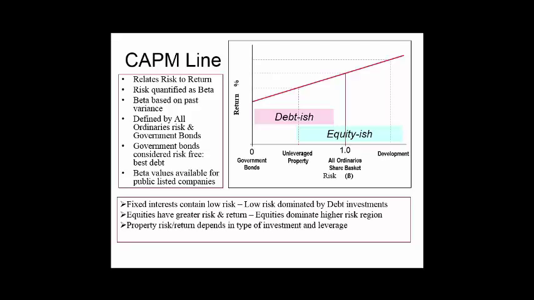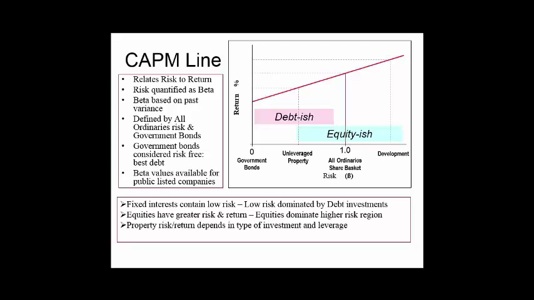Fortunately, beta values are available for all public listed companies, and especially since it is considered that the beta values are similar for organisations involved in similar types of business, you can estimate or get a value of beta for a private company by looking at comparable public companies, and that will give you a good start on its beta, simply because you're operating in a similar industry.